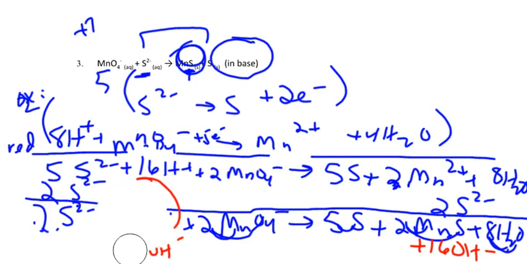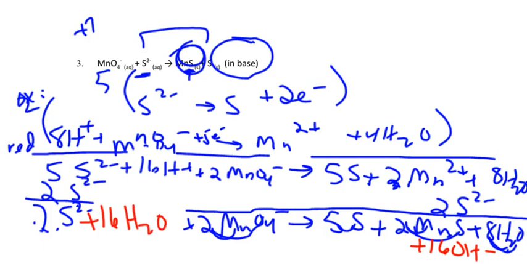I'm going to erase this because I'm running out of room. Maybe you didn't write so large. I have 16 H2Os. But wait a minute, I have 8 H2Os right here. What can I do with that? I can take out this 8 and subtract from here, and now I have 8 H2Os.